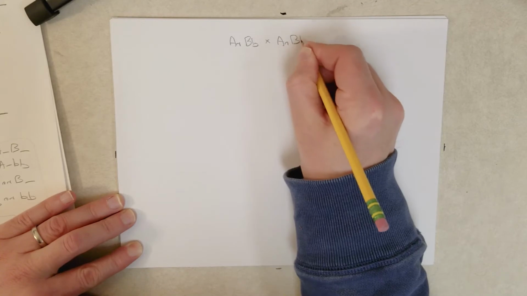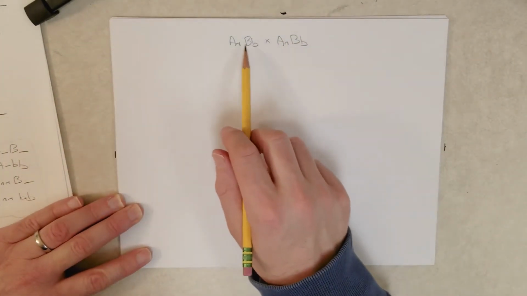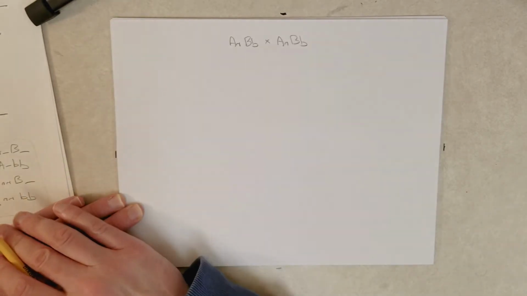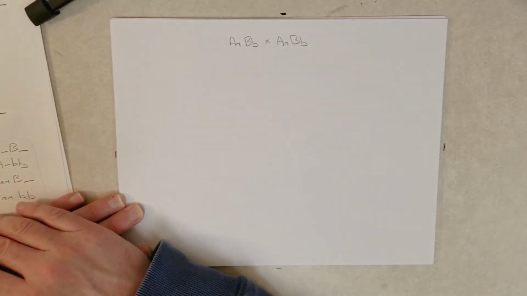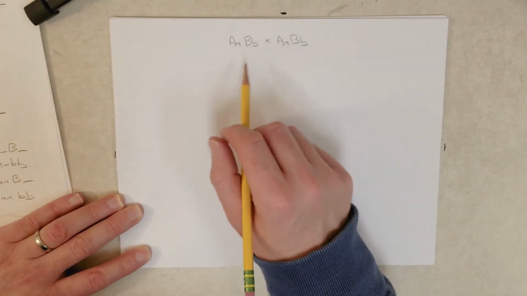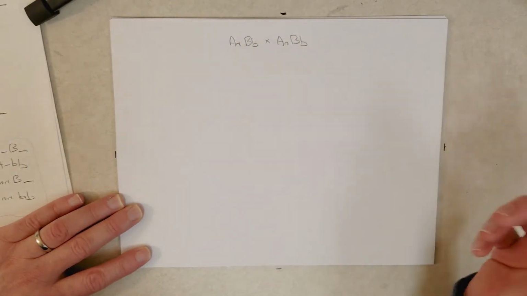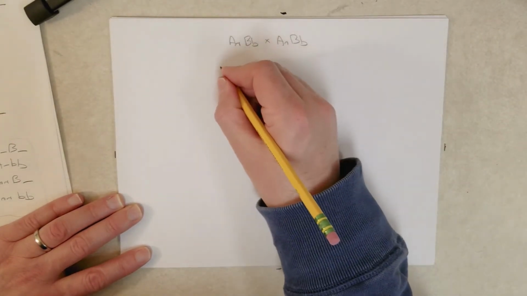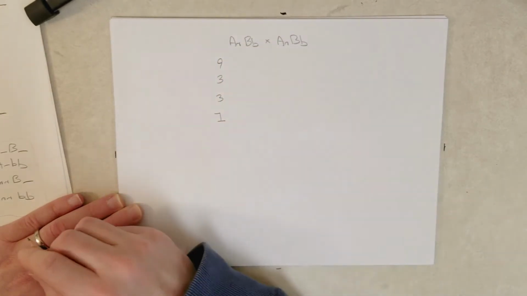We've seen crosses such as this, heterozygous for 2 pairs of genes. And in our previous looks at this type of cross, it has always led to, in cases of complete dominance and recessiveness, a phenotypic ratio of 9 to 3 to 3 to 1, right?